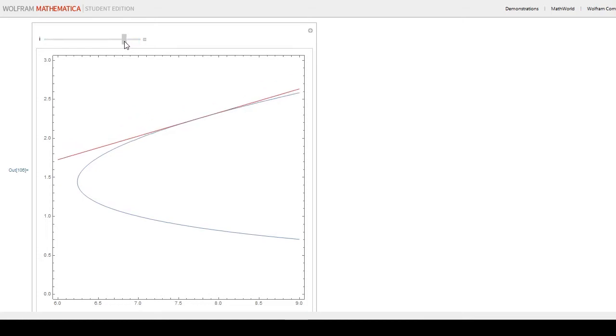And as I vary my y value, you can see that I'm actually constructing the tangent line at all these points. And if I put y equal to about 1.44 roundabout, so the y-axis is this vertical axis, and 1.44 is around about right in here, you can see that I am passing through this point where I have a vertical tangent line.